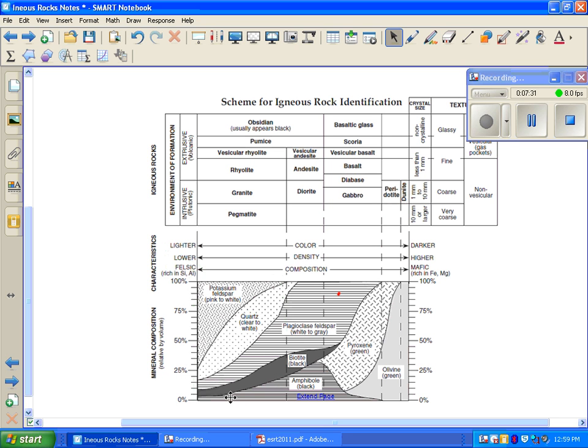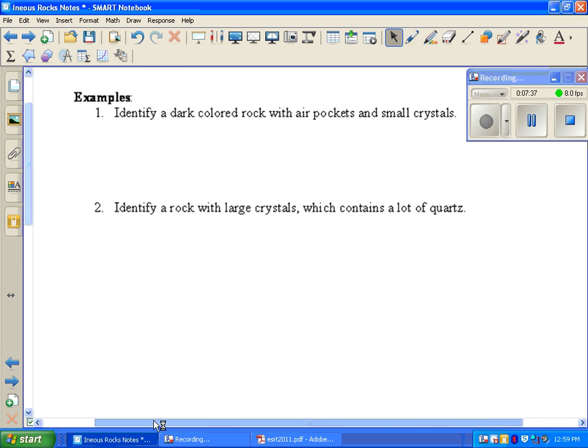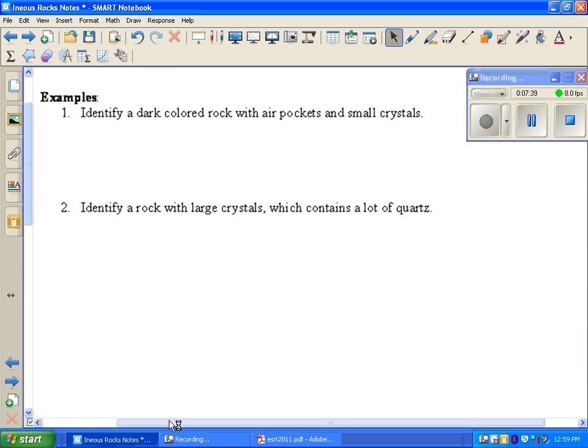And again, we'll go back to the notes, and on page 2 of the notes, we have a couple of examples of how you're going to identify rocks. So the first one says, identify a dark-colored rock with air pockets and small crystals. So our hints are that it's dark-colored, it has air pockets and small crystals.